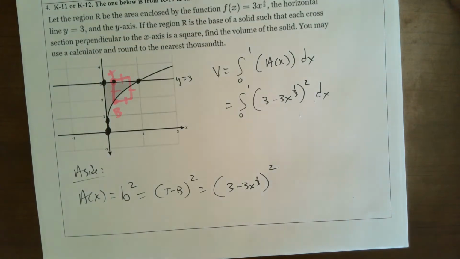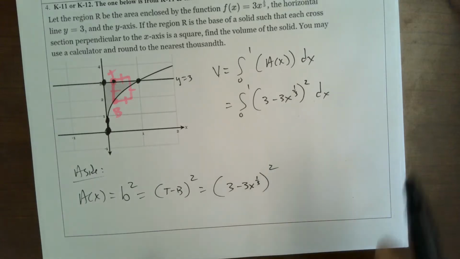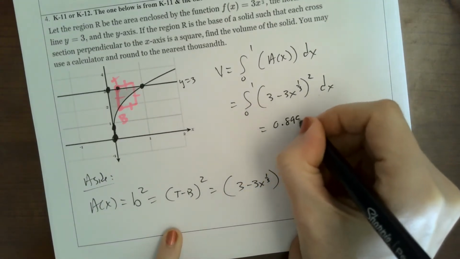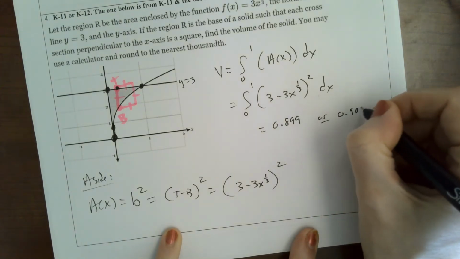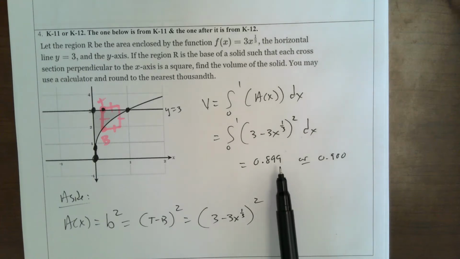Okay? And then you do math 9 in your calculator, because it said use a calculator, and you end up with 0.899 or 0.900. Guys, the AP people want at least 3 decimal places, but it doesn't matter to them whether you round up or down.